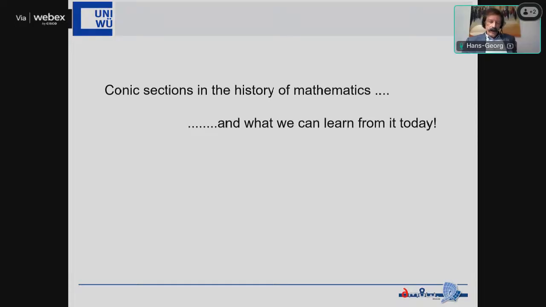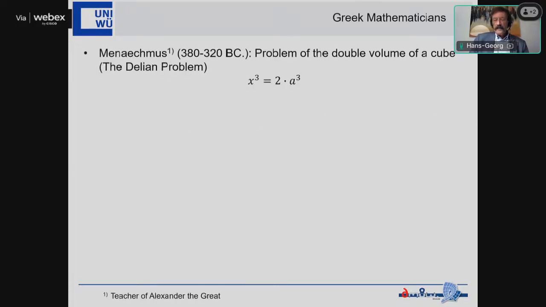And because conic sections, you've already seen it if you look back in mathematics education, are an important topic in the history of mathematics, we can learn something from this history, and so we do a short look back at the history of conic sections. When did they appear the first time?